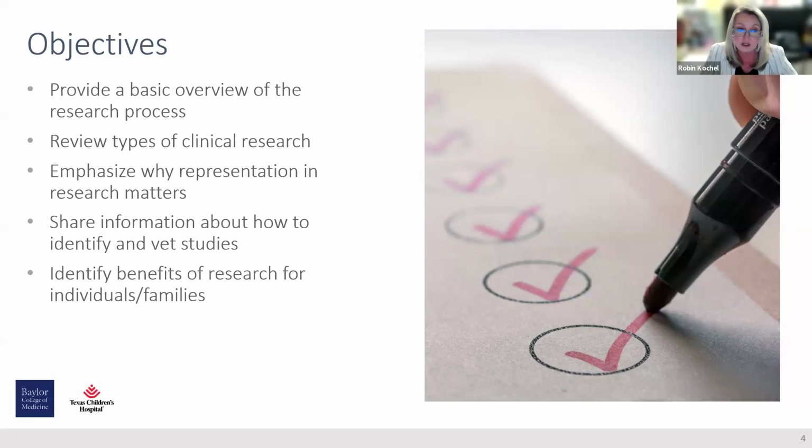I'm going to share some information about how to identify research studies as well as to vet them and evaluate how good they might be for your family. And then also identify some benefits of research for individuals and families.